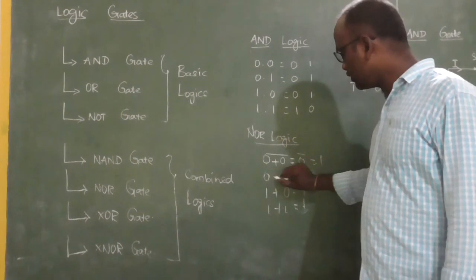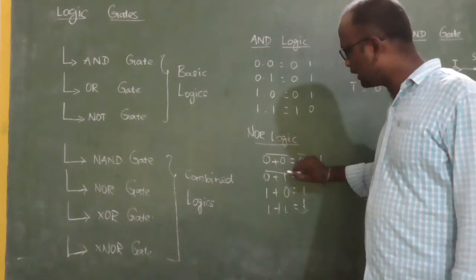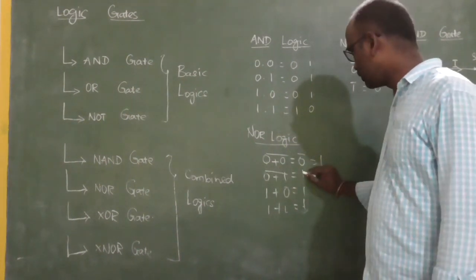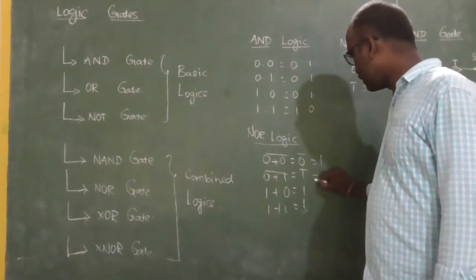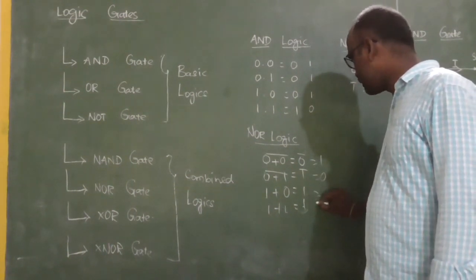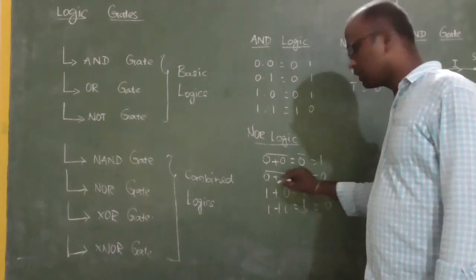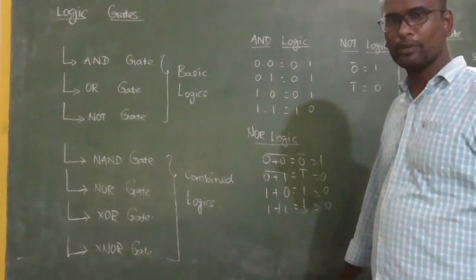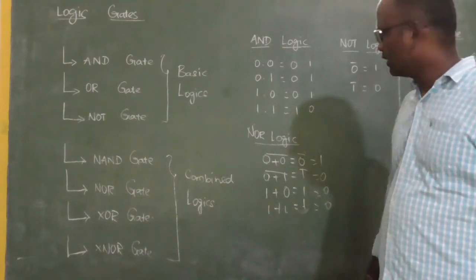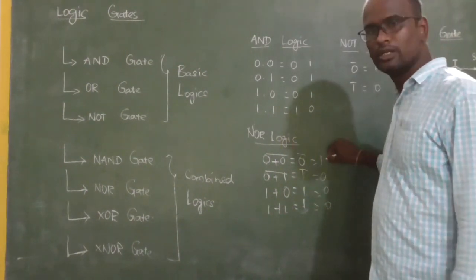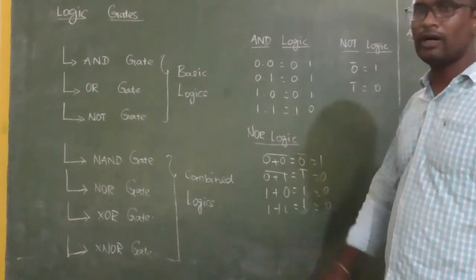Similarly, (0 or 1) bar is equal to 1 bar, that is equal to 0. Similarly, we get 0 and 0 for the other input combinations also. So the NOR gate logic is the negative of the OR gate.